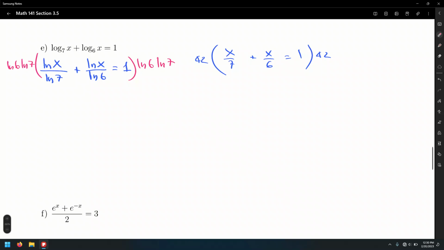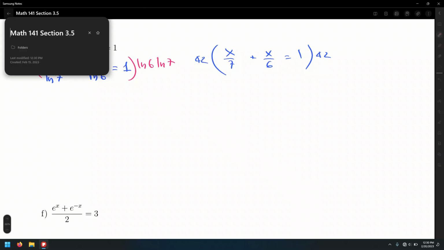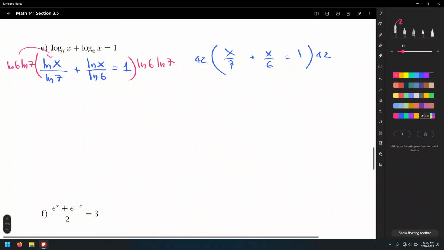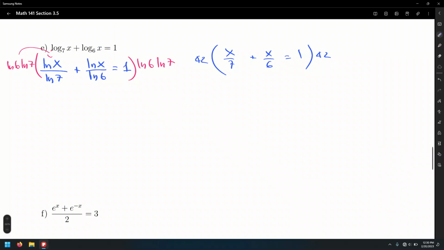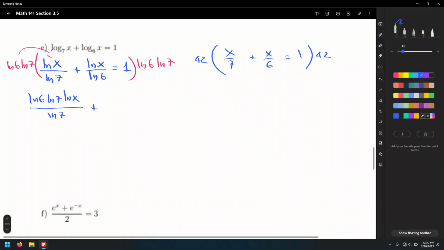And when we distribute over the first term, see how the ln of 7's cancel? And that's going to leave us with ln of 6. Well, you know what? Let me write everything down. ln of 6 times ln of 7, ln of x, over ln of 7. Plus, do the same distribution over the second term.